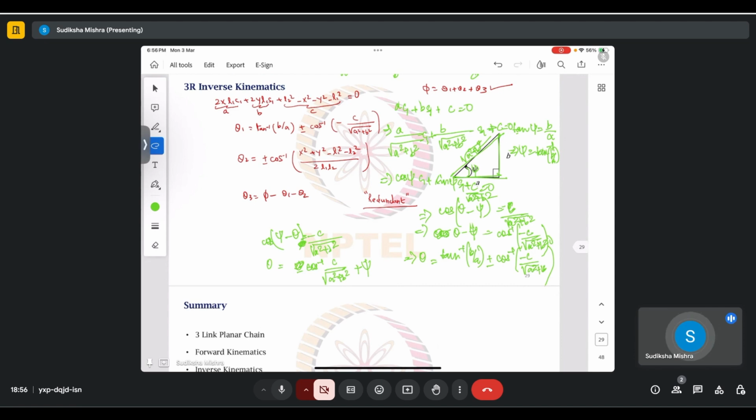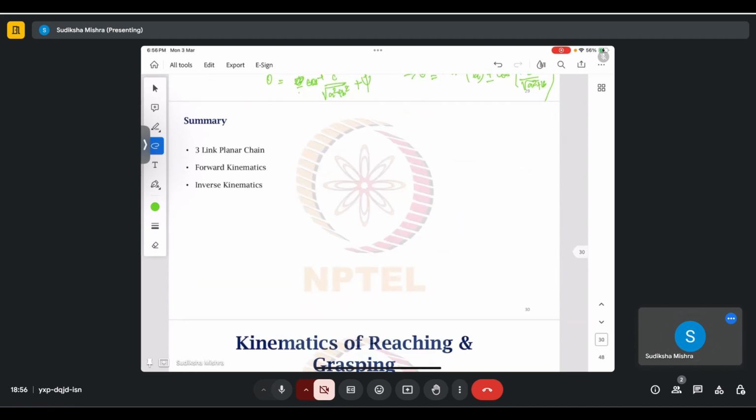So here is where the plus and minus sign comes. In this case you get a minus sign, whereas in this case you get a plus sign.